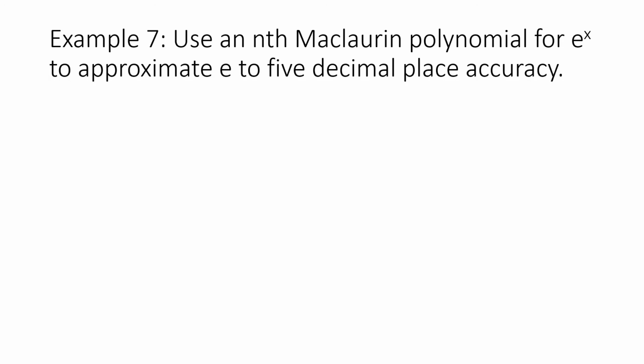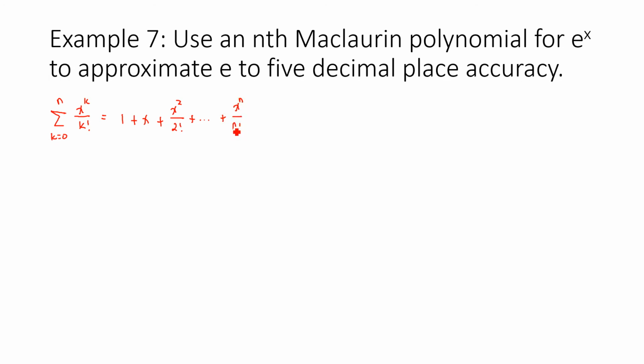the nth Maclaurin polynomial for e raised to x is the summation of x raised to k over k factorial from 0 to n, which is equal to 1 plus x plus x squared over 2 factorial, plus so on, plus x raised to n over n factorial.